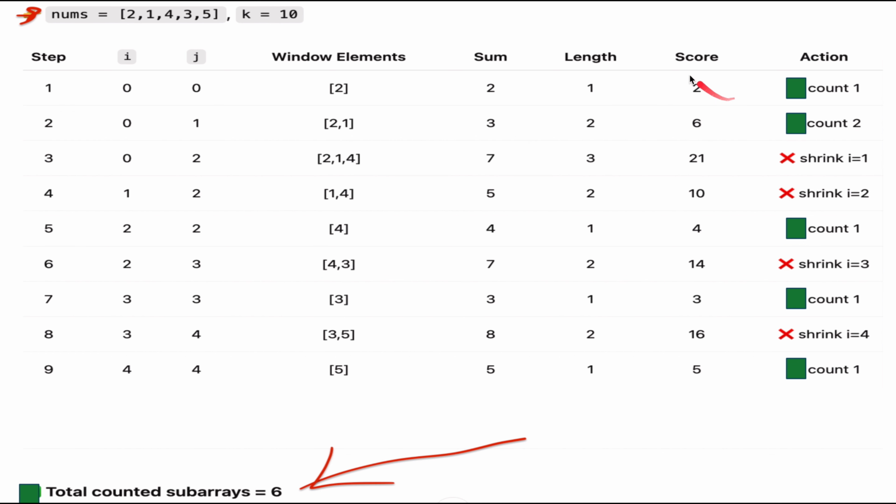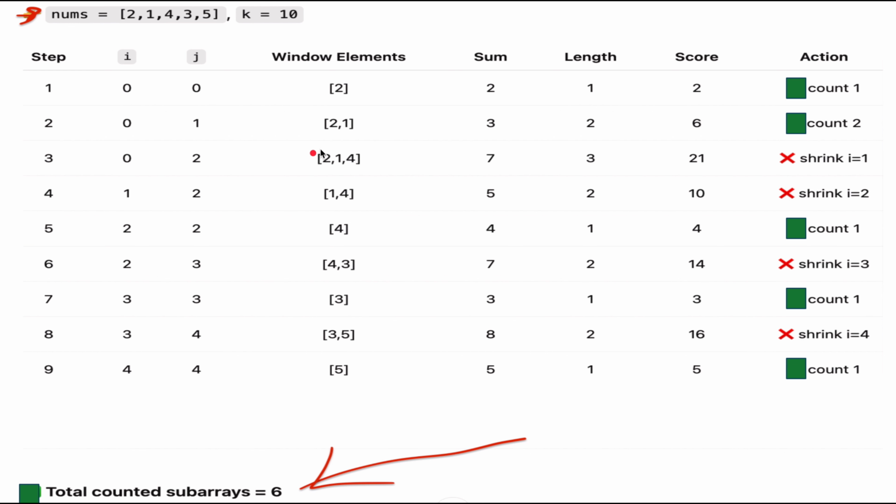Now if the score is not exceeding k, we'll increase j. Now i will be here and j will move to here: i is at 2, j is moving from 2 to 1.